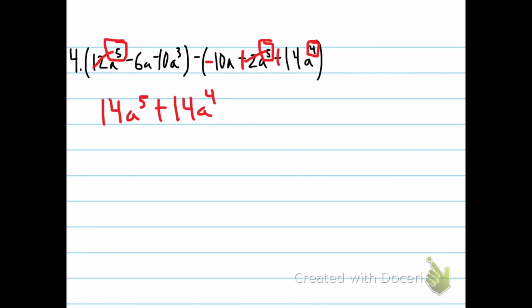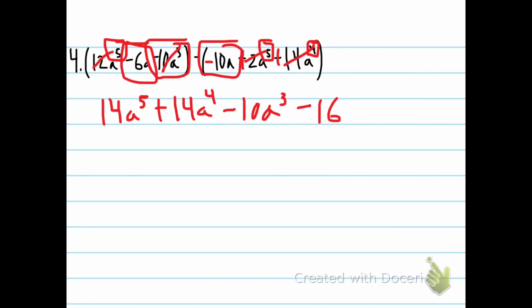Then cross it out, and then see if there's a 3, which there is, and there's nothing to combine with that also, so just copy that down. Then cross that out, and then just combine these terms that are left, which is a -16. And there's your answer.